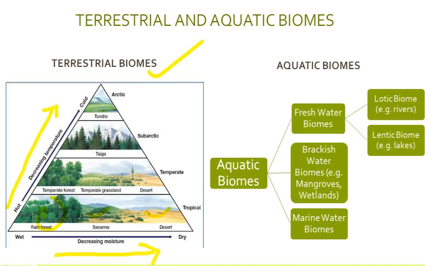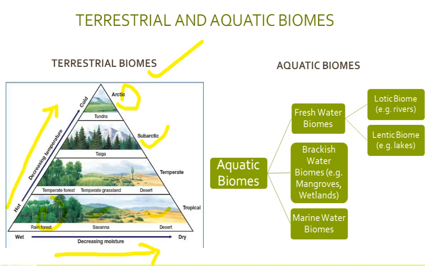Okay. After that, there is taiga, also known as coniferous evergreen forest, which is found at 45° north south to 65° north south latitude. And at last, we have tundra biome, which is found at 65° north south to 90° north south latitude. Okay.